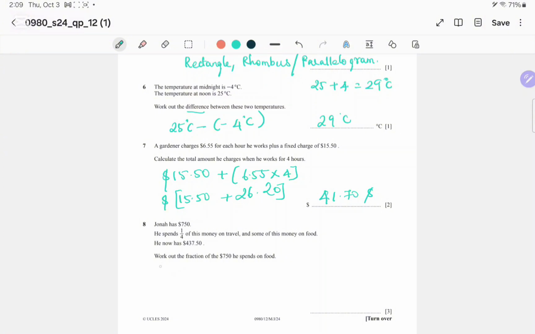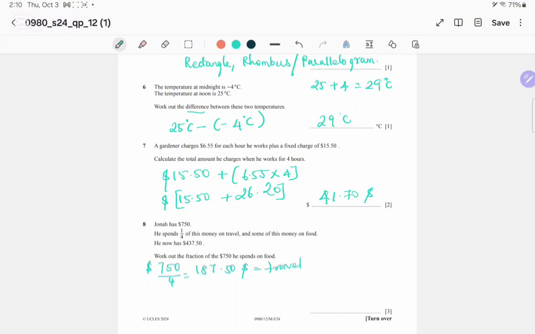So how will we calculate? The amount he spends on travel is 750 divided by 4, I am putting a dollar symbol, it is $187.50. This is the amount he spent for travel, and some money on food, and the balance is 437.50.